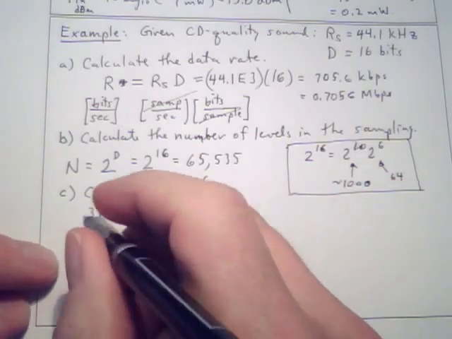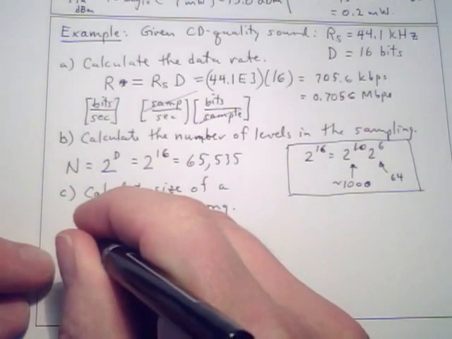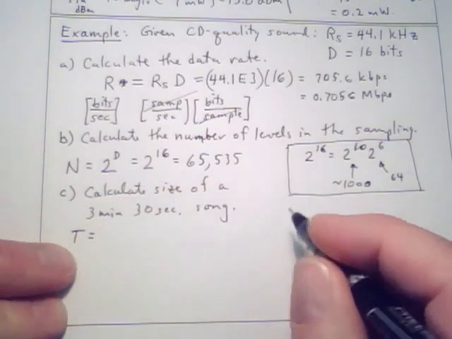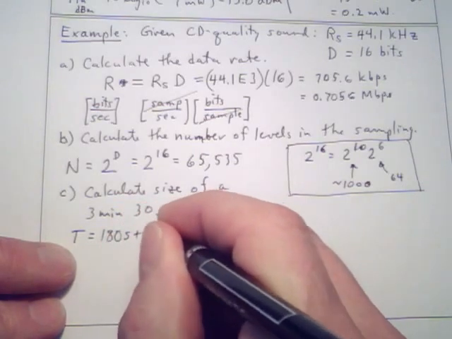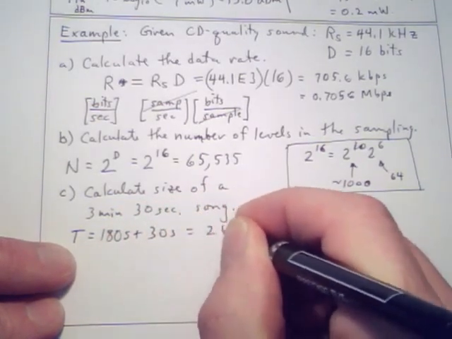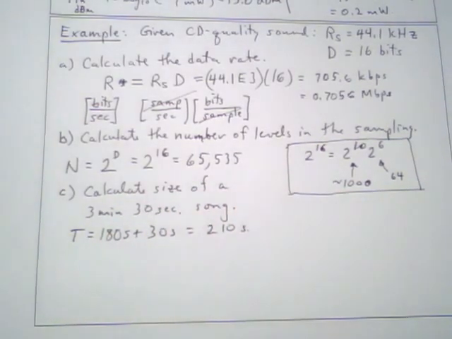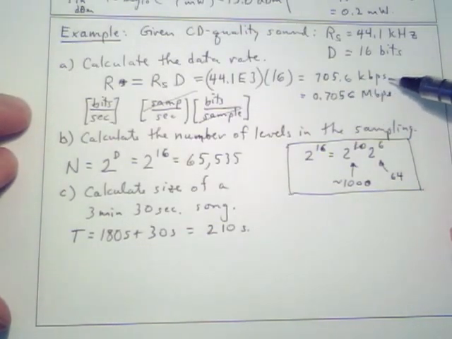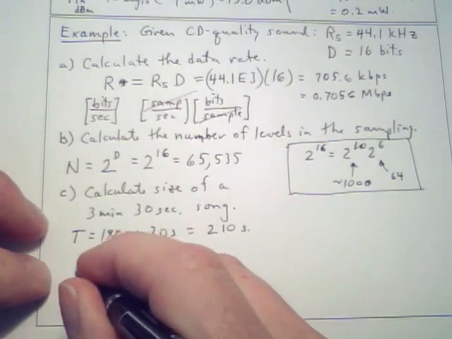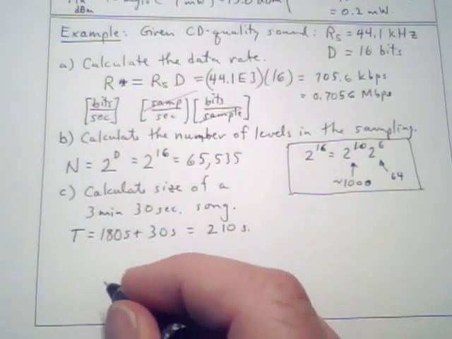And so what we're going to do is say that the total time t is equal to 180 seconds plus 30 seconds, or 210 seconds. And if we're working at 705.6 kilobits per second, we can find the total size of the file.